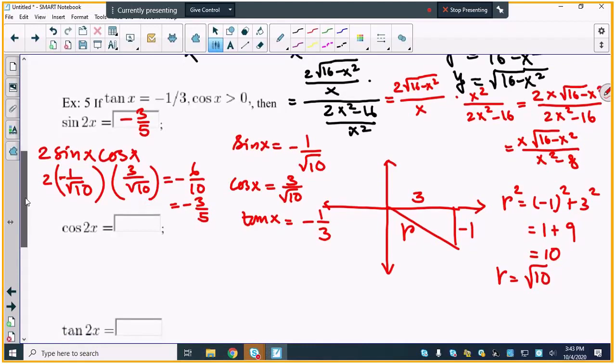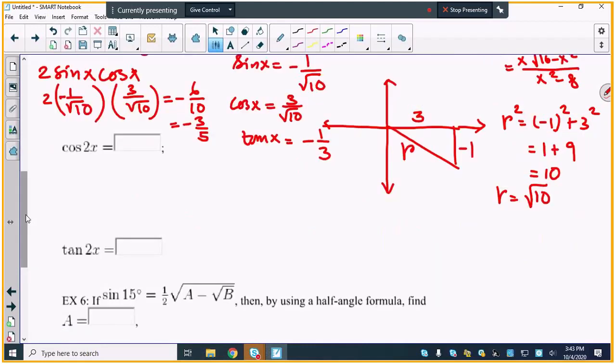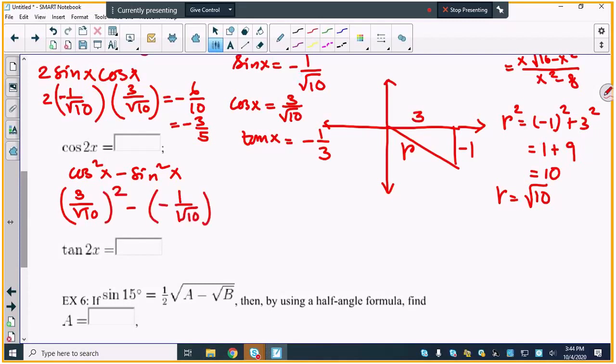We now do cosine 2x. So that will be cosine squared x minus sine squared x. So I get 3 over square root of 10, then square it, minus negative 1 over square root of 10, and square it. So I get 9 over 10 minus 1 over 10, which is 8 over 10 simplified. That's 4 over 5, and that's your answer for cosine 2x.